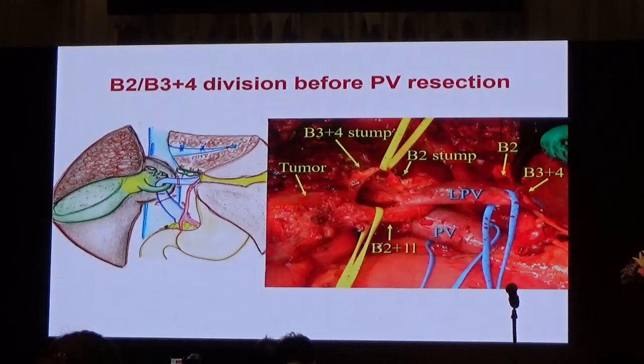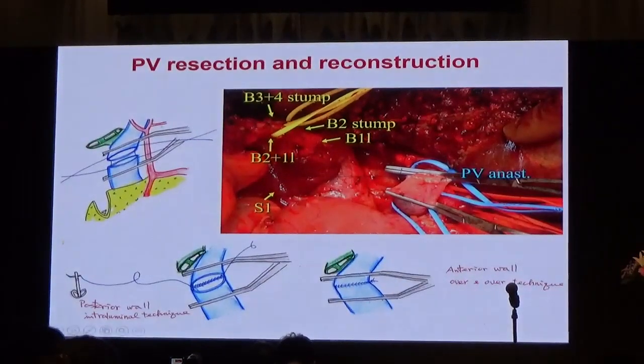Therefore, I decided to dissect and reconstruct the left portal vein here to remove the liver and bile duct. Here you see combined portal vein dissection and reconstruction is carried out to remove the right liver, the caudate lobe, the biliary structure and the portal vein.